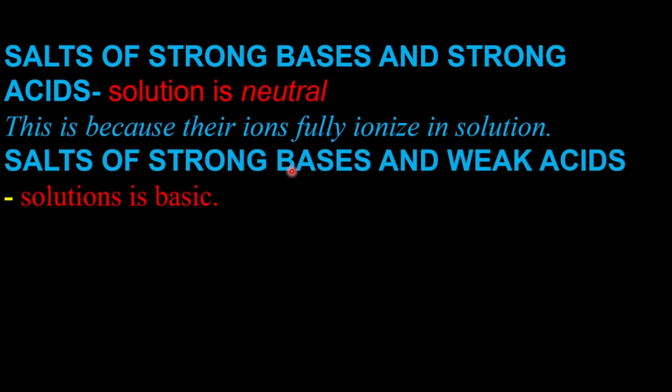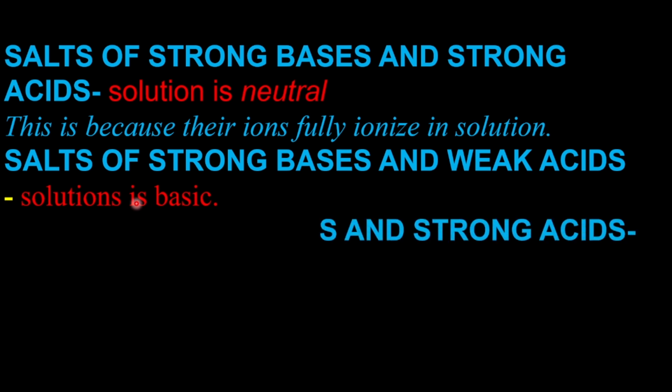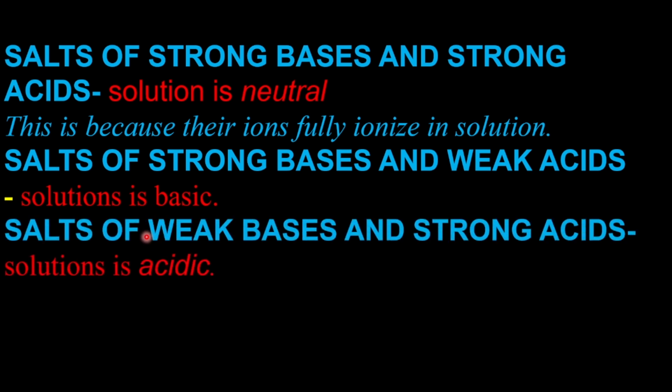Salts of strong bases and weak acids will give us a basic solution. The third one here states that salts of weak bases and strong acids, the solution is acidic. So whenever you have a weak base reacting with a strong acid, the solution becomes acidic.